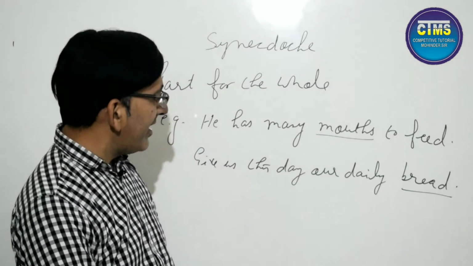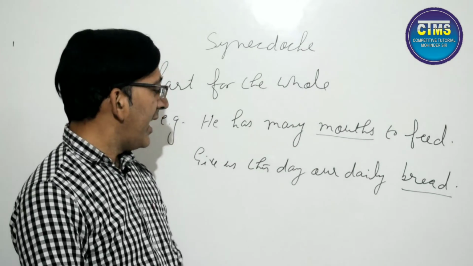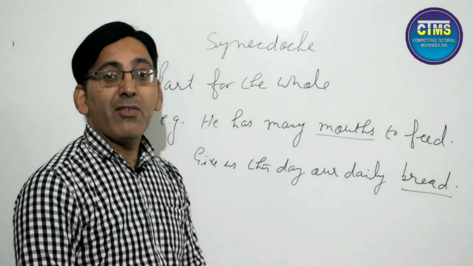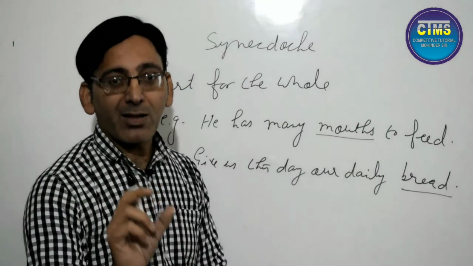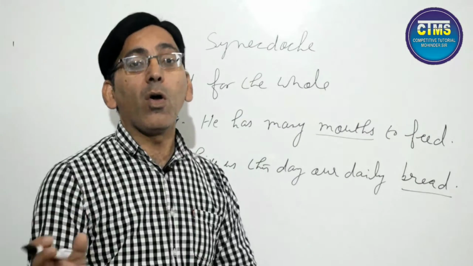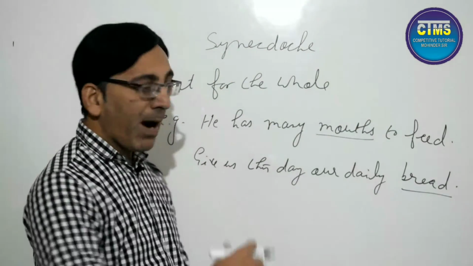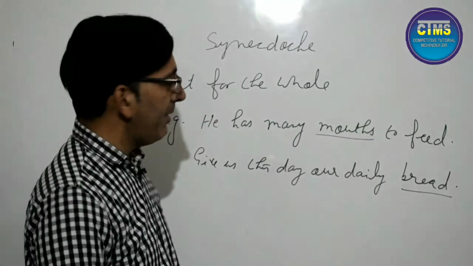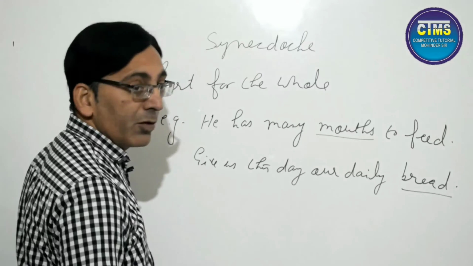Actually here, what do we want to say? We want to say give us this day our daily food. So here we are using part, bread, for whole, food. So these two are wonderful examples of part for the whole, and I think you are able to understand the first variety of Synecdoche, and that is the part for the whole.